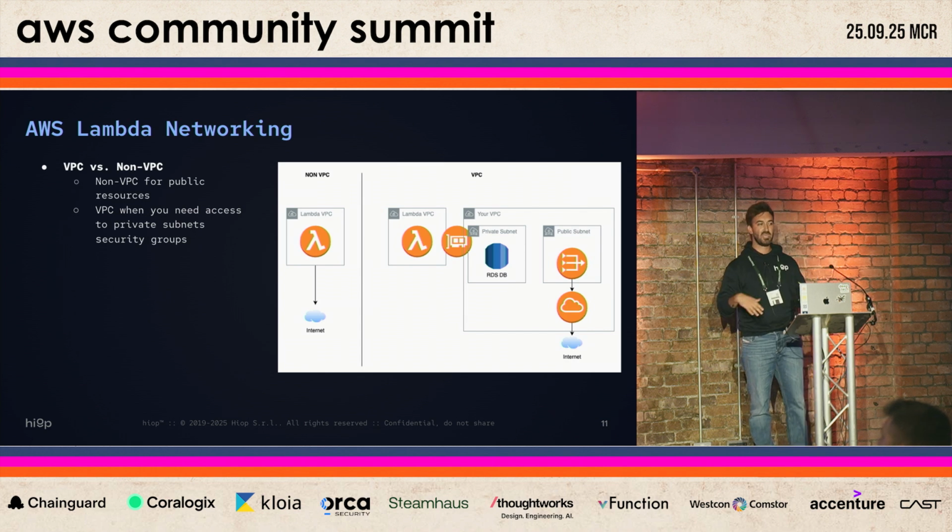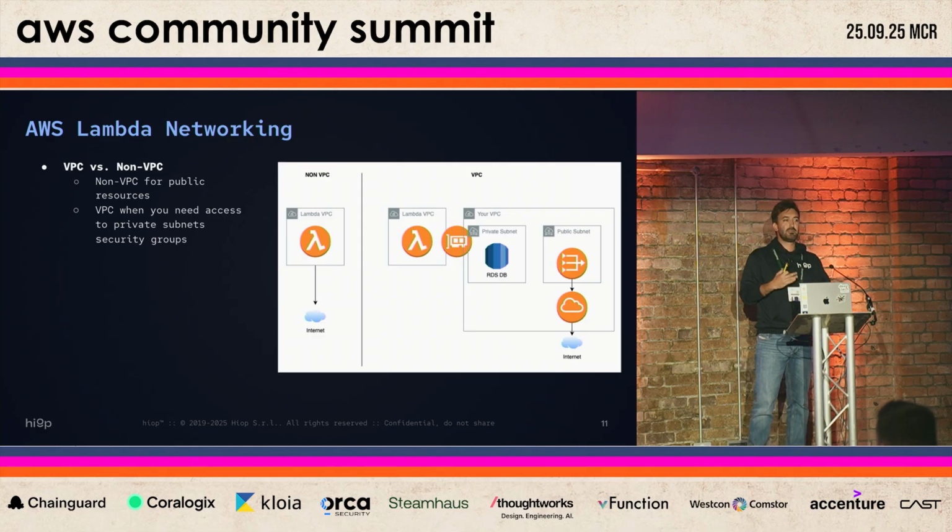Usually, when you start a Lambda and you don't provide VPC access, there is the left scenario, where the Lambda can directly go to the internet, and you can write your code and execute it. But when, for example, you need a specific IP address for the Lambda to go on the internet, or to communicate with private subnets or private instances, like in this example an RDS, and to provide security group information in order to fine-grain the access to the AWS Lambda, you need to set up a VPC, or attach your Lambda to a VPC.